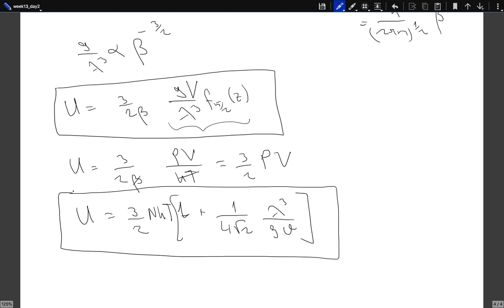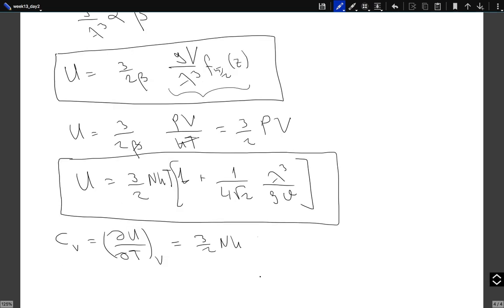So the 1 is our classical gas result, plus we have the correction. And then we can look for the specific heat. This is nothing but the derivative of U with respect to T at constant volume. This will be equal to 3 over 2 nk, the derivative of the first term.